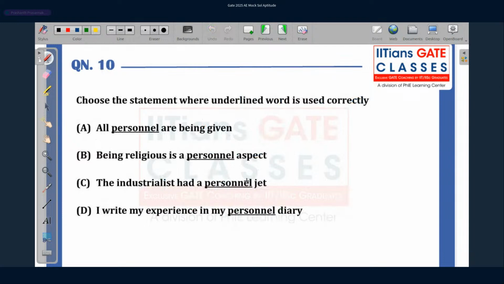Take the last question. This one is from English. Any other answers?